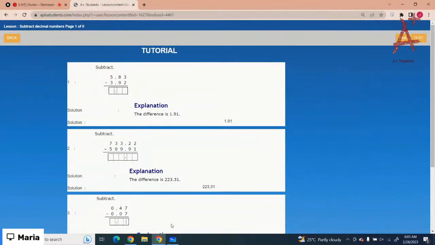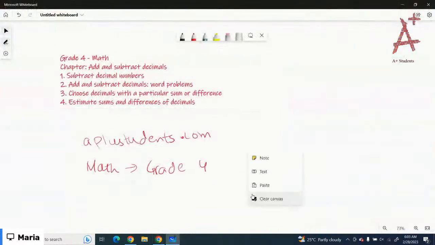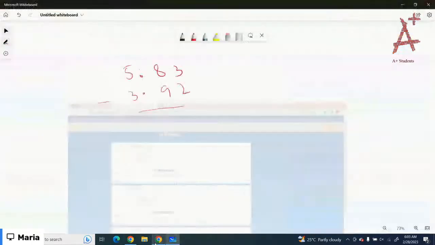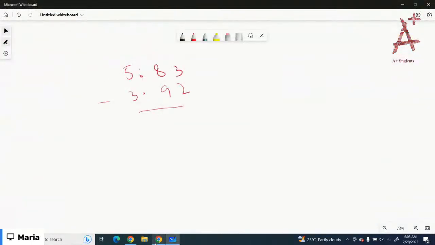The first one is 5.83 minus 3.92. Just subtract the numbers like that without the decimals. Got it? Simply subtract them. So 3 take away 2 is 1.